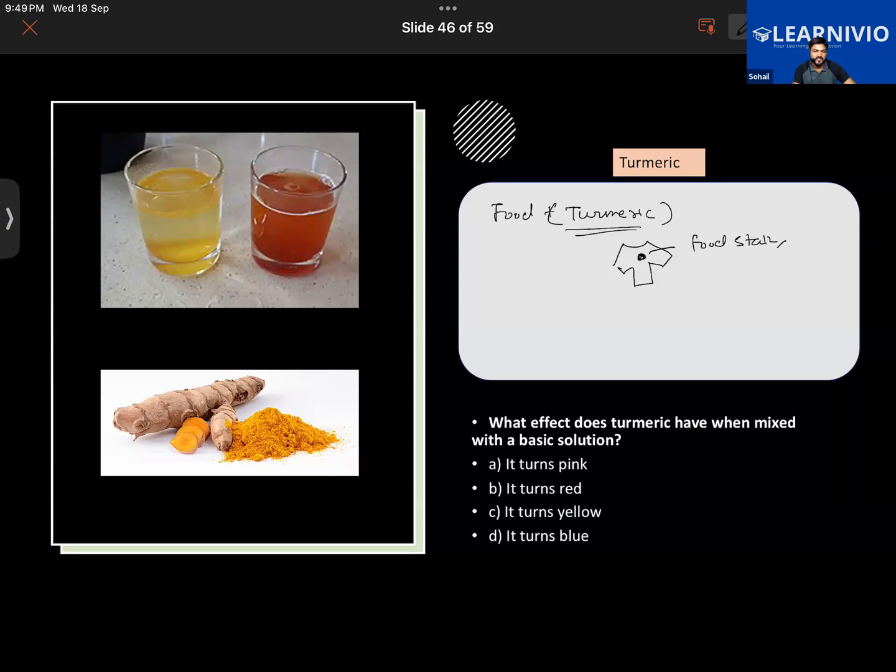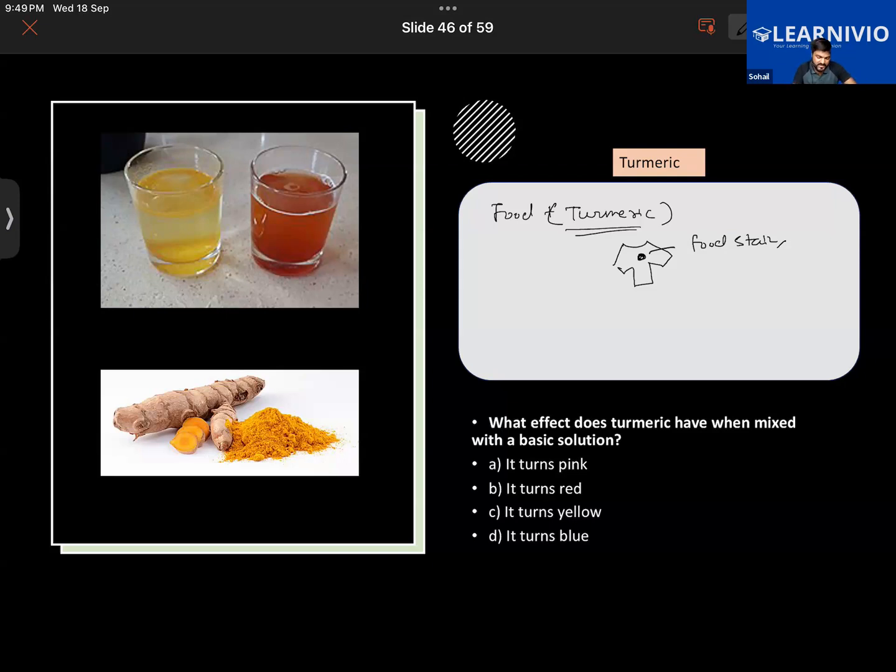What is it made up of? The detergents that we use here. Which substance is found in the detergent? Yes, Priyanka, base, right? Not acids, bases are present there.